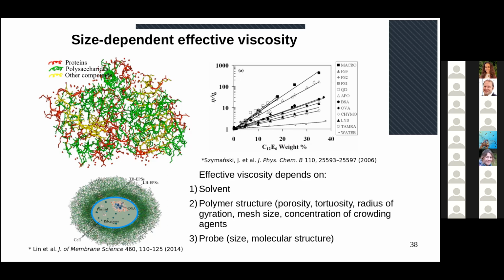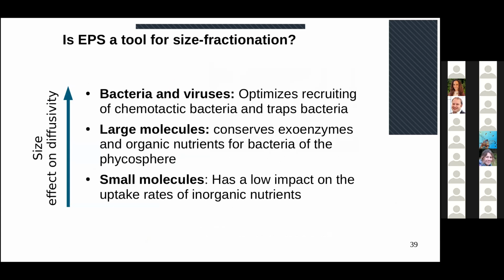So the larger the probe and the more intricate the polymer structure, the larger the viscosity you are measuring. But that doesn't mean that the smallest inorganic molecules will experience such viscosity. So that leads us to frame the problem maybe in a different way.